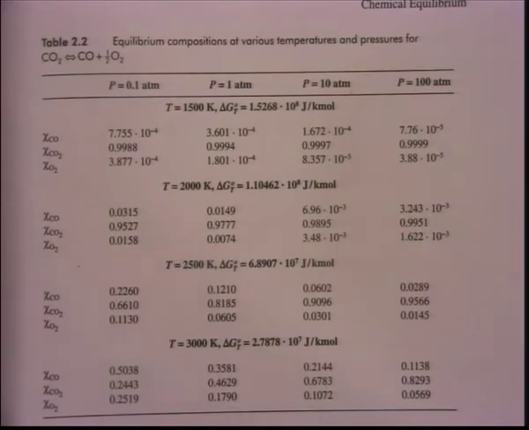So, this is that example problem results in the form of a table. The equilibrium compositions at various temperatures and pressures for CO2 dissociating to CO and half O2. And if you look this up, it has got 4 pressures: 0.1 atmosphere, 1 atmosphere, 10 atmosphere, 100 atmosphere.